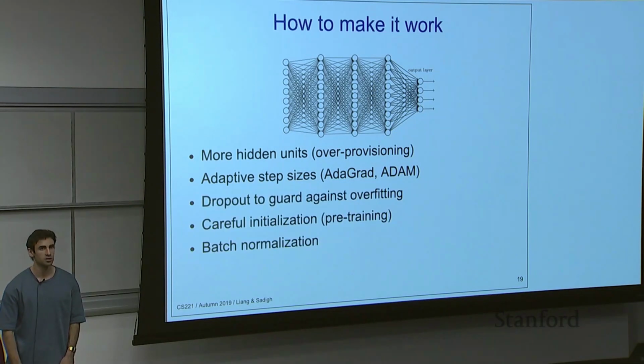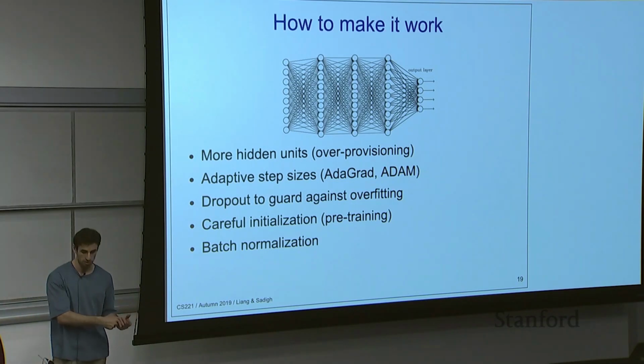We have dropout, which is where you add noise to the outputs of each hidden unit. That makes the model more robust to its own errors, and it guards against overfitting. There are better initialization strategies, like Xavier initialization, and pre-training the model on a related data set before moving on to the data you actually care about.